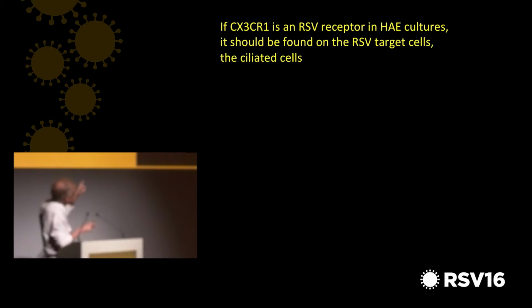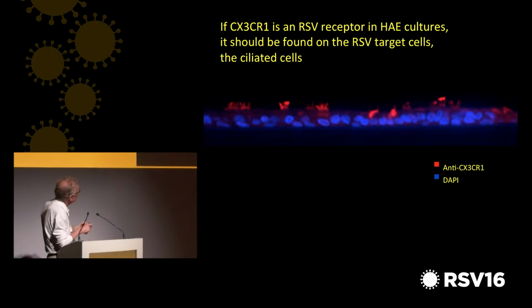So if CX3CR1 is the receptor on these HAE cultures, we should find it. And we should find it particularly on the ciliated cells, because those are the cells that are being infected. So this was one of our best pictures here, in cross-section of these cells.